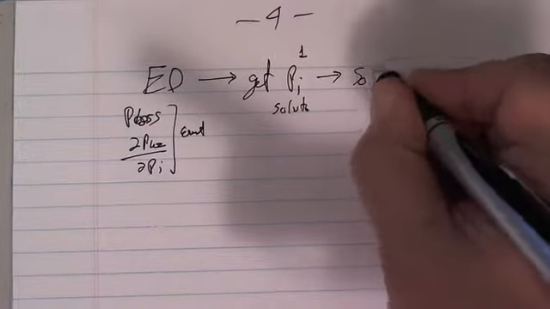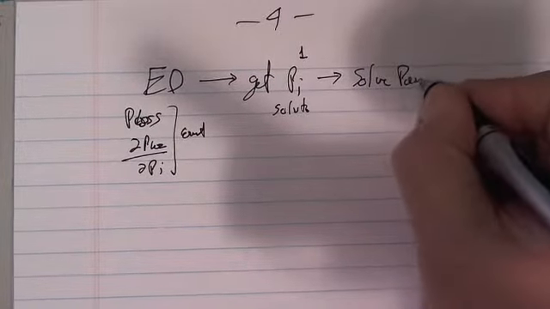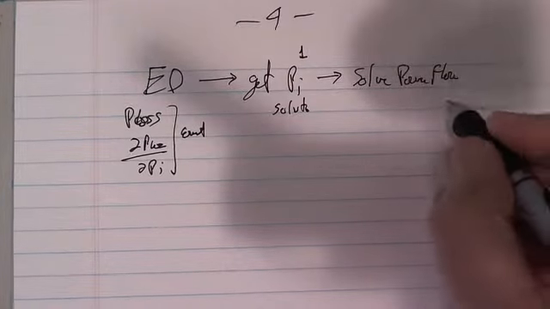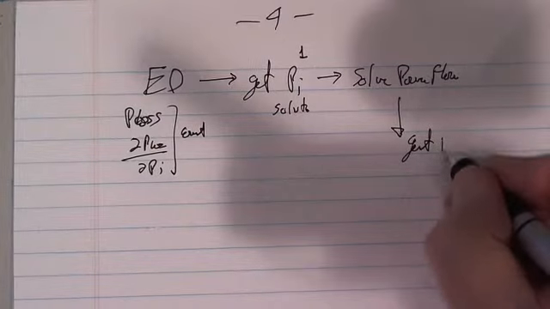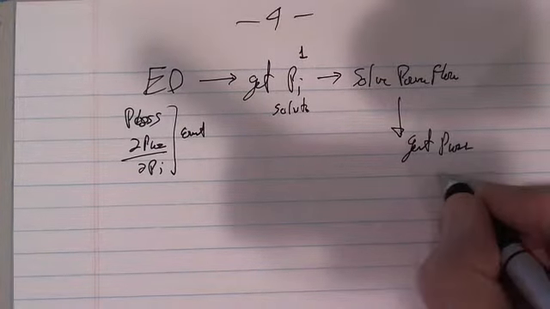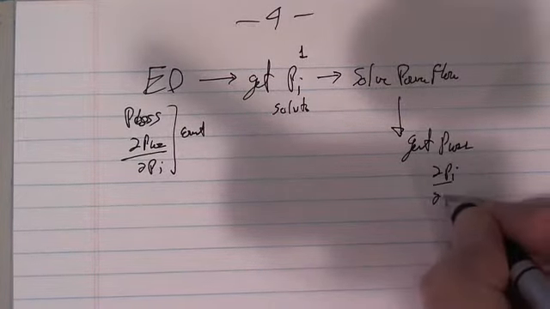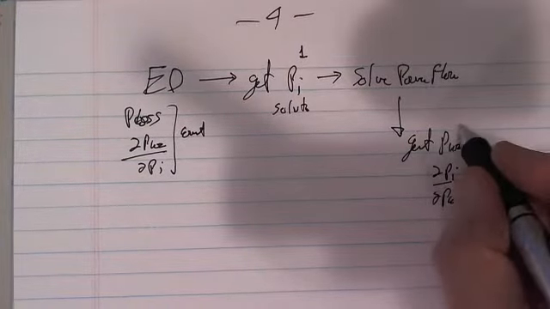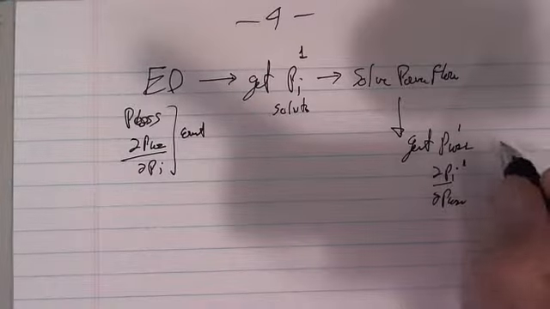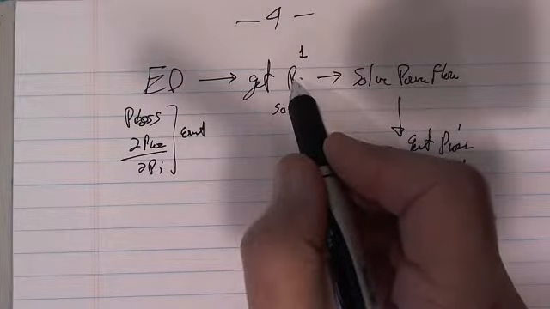And then you solve power flow. When you solve power flow, you get P loss and dPi, dP loss, and we'll put 1s here. These are the initial, but they're now updated.